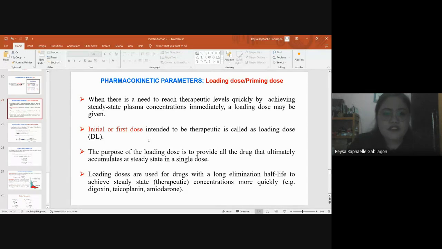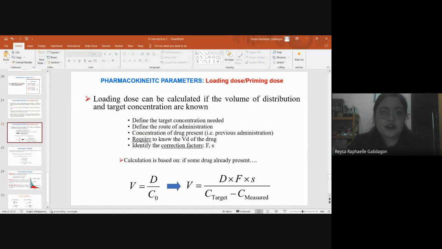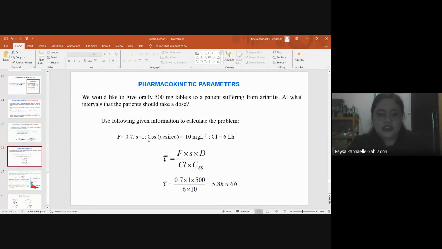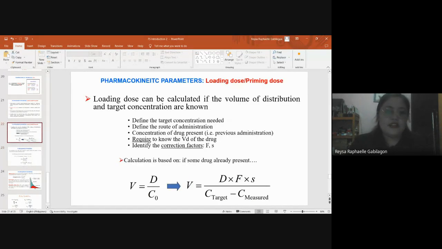So examples of drugs na merong mga initial or first dose or loading dose, itong digoxin, the teicoplanin, and the amiodarone. Okay, now how do we compute for the loading dose? We may use this formula. V is equal to D. The D there is the loading dose, and then the F is the factor. This is the loading dose, yeah.